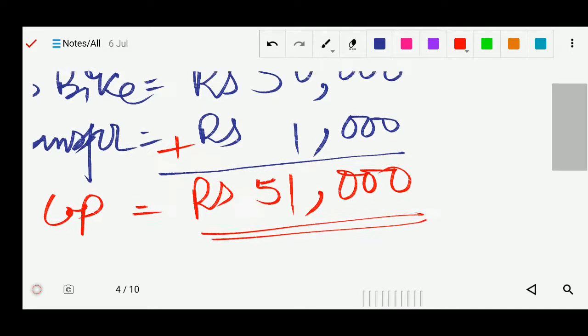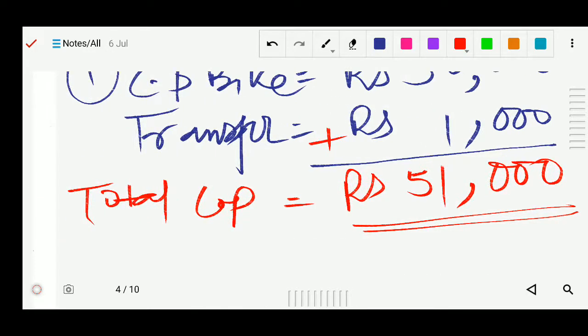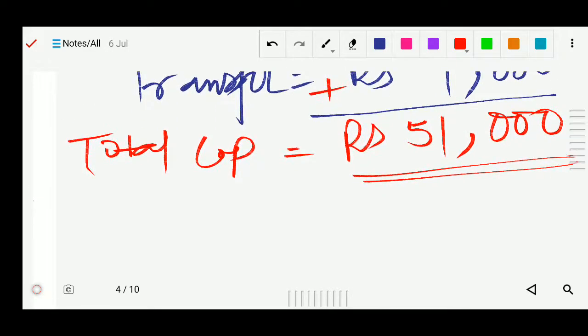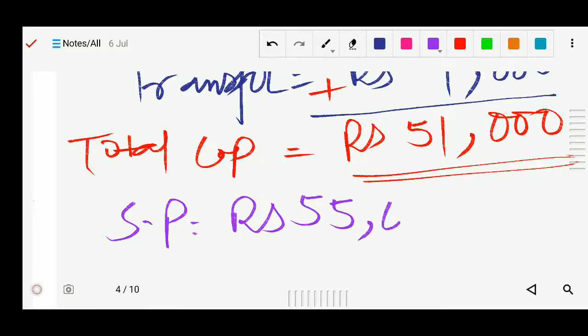Now he sold his bike, so the selling price was rupees 55,000. He sold his bike for rupees 55,000.